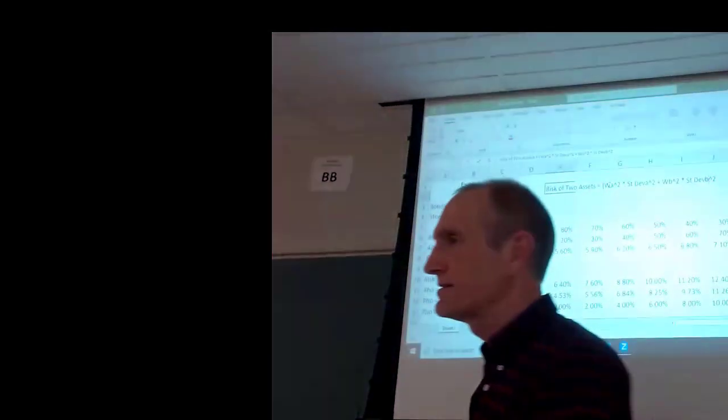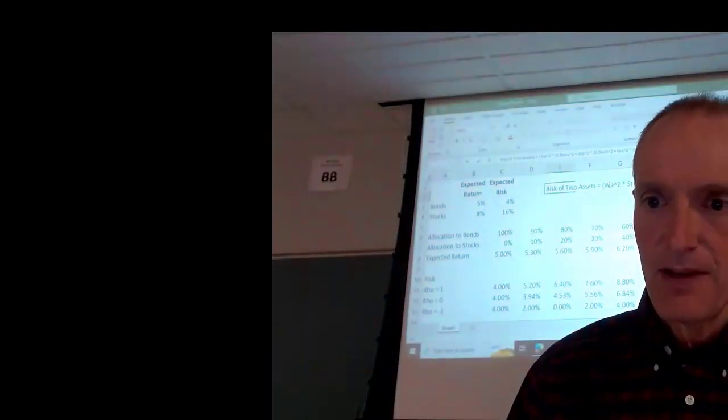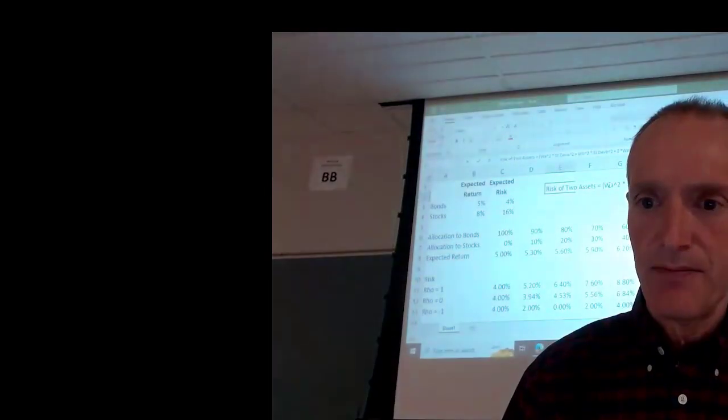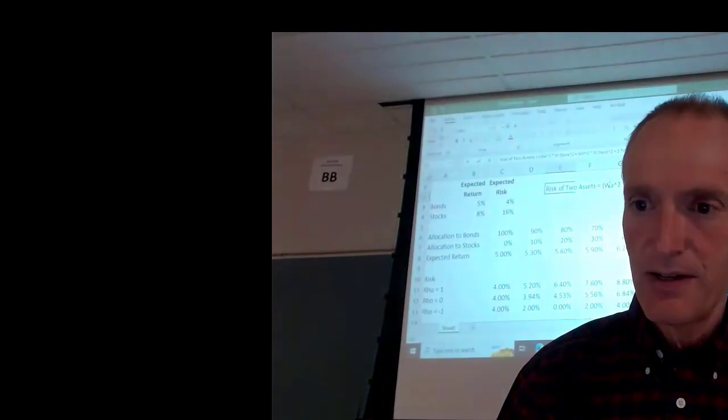That's not a hard formula, is it? We haven't finished it yet, but that's pretty straightforward. Then, just repeat it one more time, except 2 times weight of A, not squared, times standard deviation of A, not squared, times weight of B, not squared, times standard deviation of B, not squared.